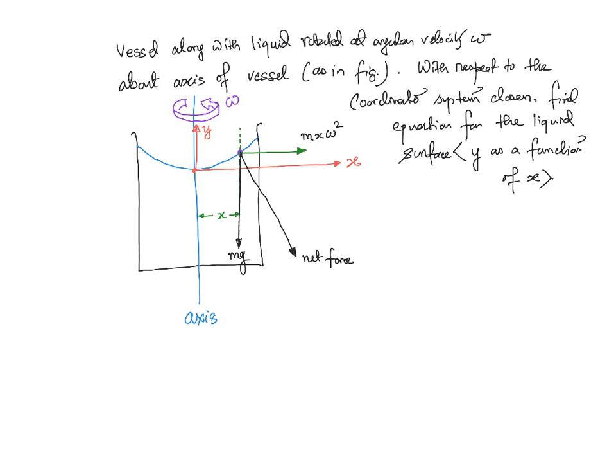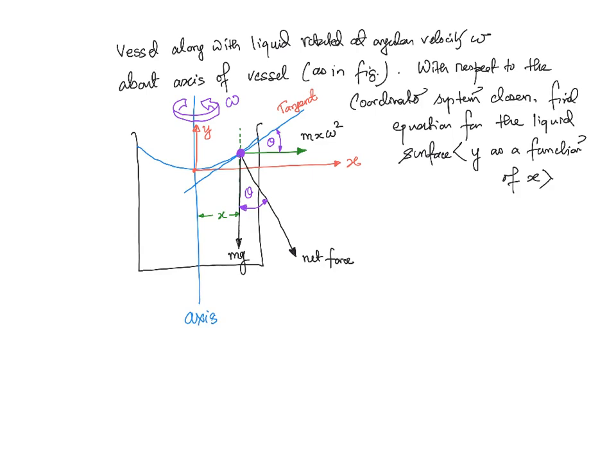That means the tangent to the surface, the line which I have drawn, is the tangent at that location where the particle is. The tangent makes an angle theta with the horizontal direction, and from simple geometry the net force vector makes the same angle theta with the vertical direction.